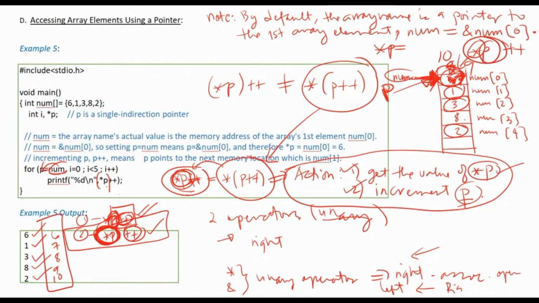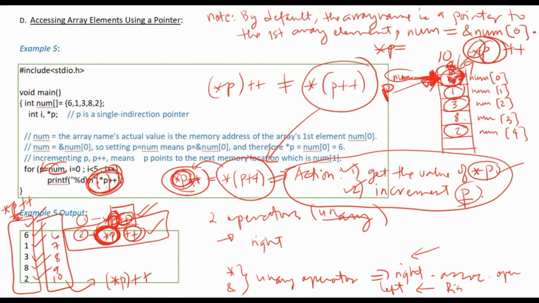That is when you change the expression to (*p)++ instead of just *p++. So again, this is the output if what you have here is the expression (*p)++. If it's the original *p++ without parentheses, you are incrementing p, and so the output would be this one.